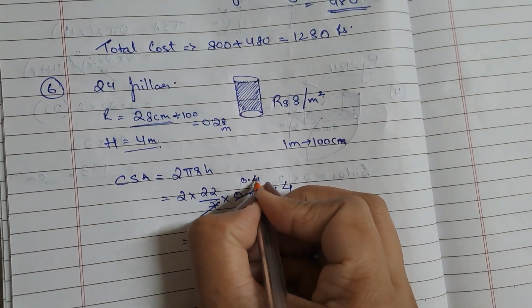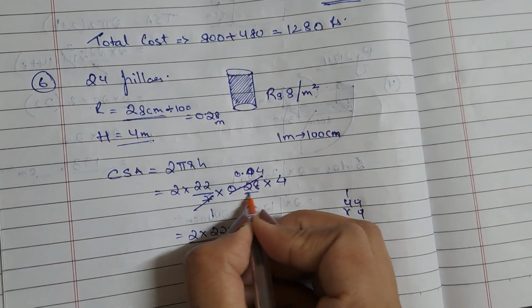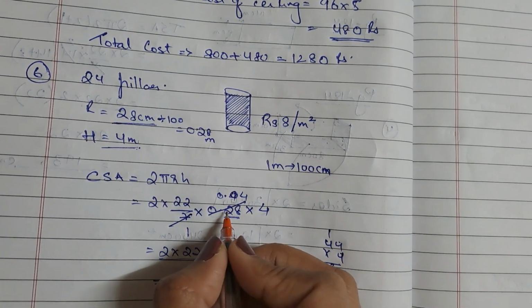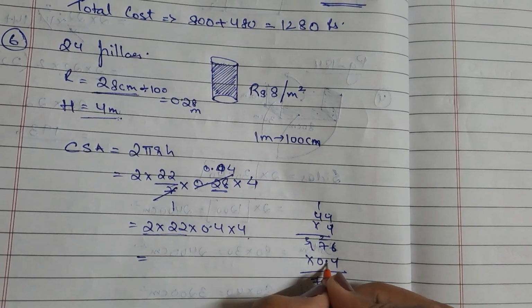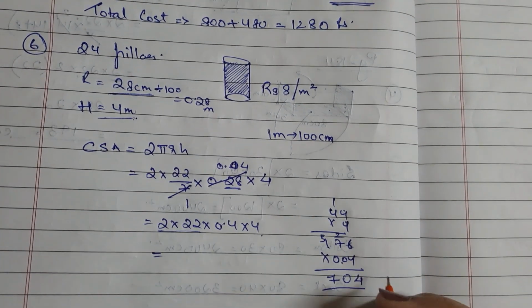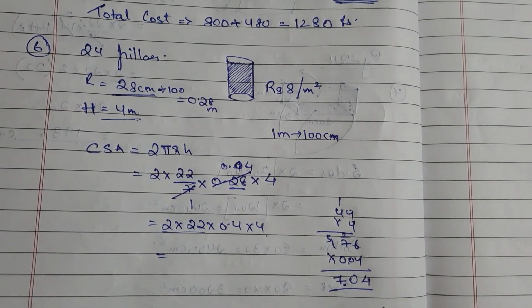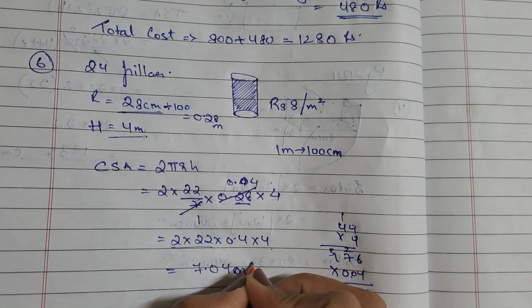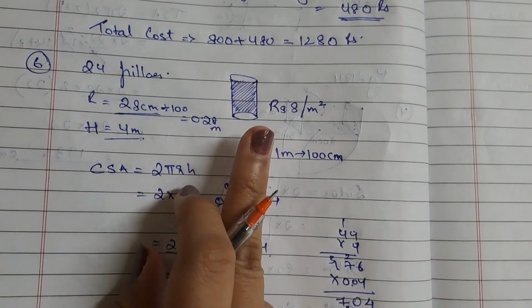It is supposed to be 0.04. Why? Because I took two digits after the decimal right away. So it is to be multiplied with 0.04, and the answer will be 7.04. 7.04 meters square will be the area of one pillar.